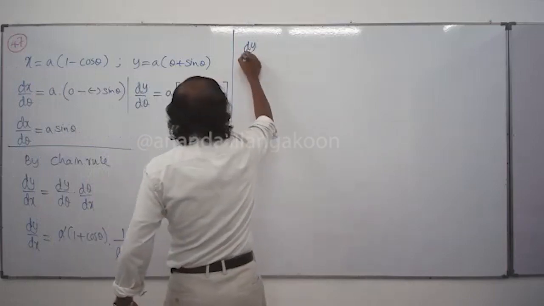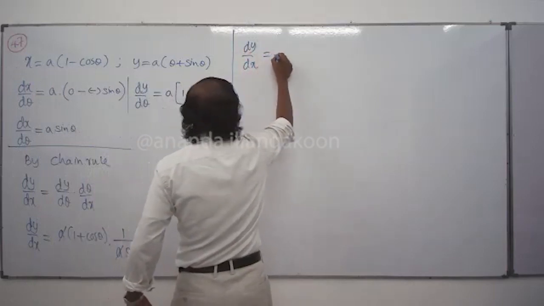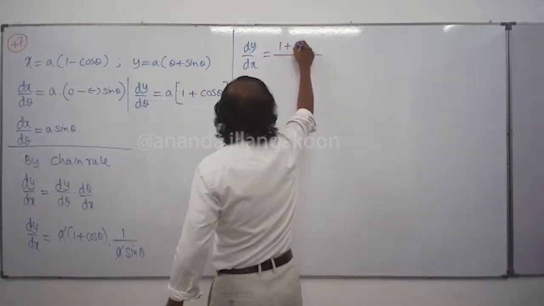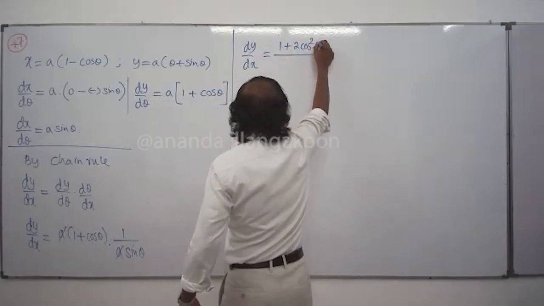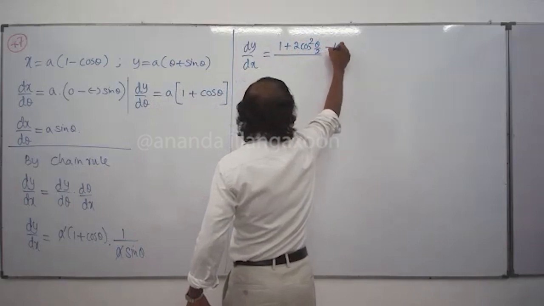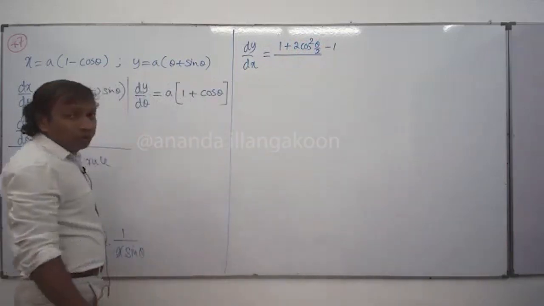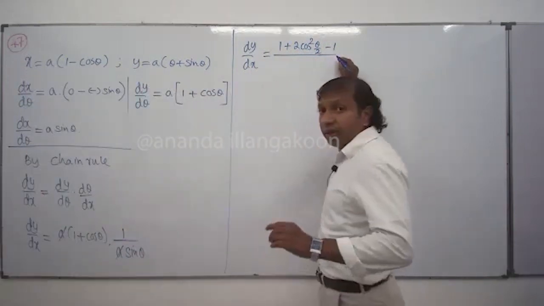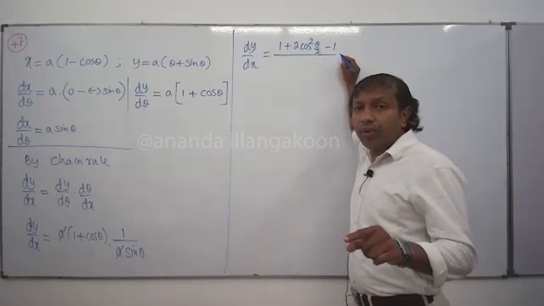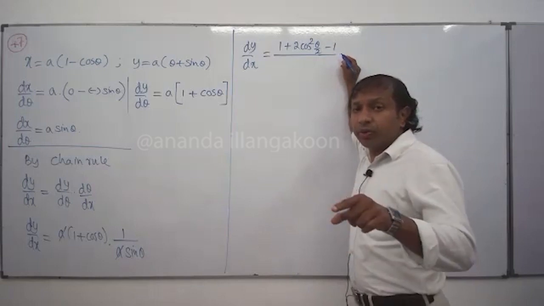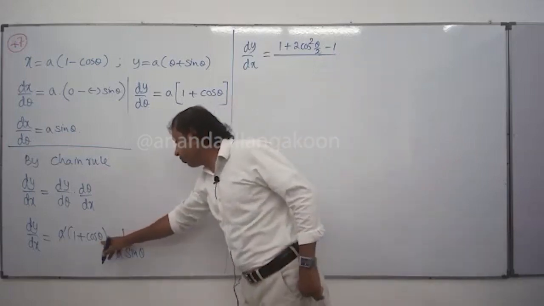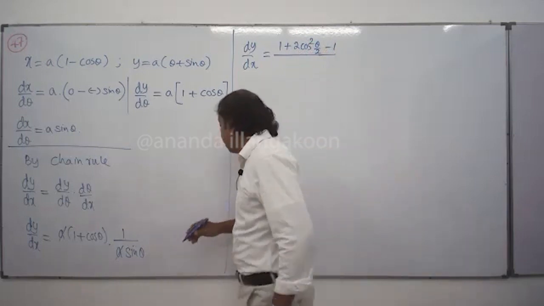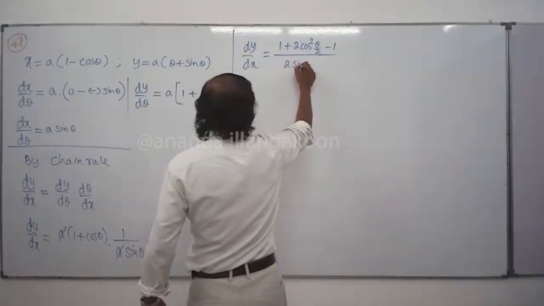I write it like this, dy by dx, and this cos theta I write, people, like this: 2 cos squared theta by 2 minus 1. People, you know, we have half angle formulae for cos A. One half angle formula for cos A we have is 2 cos squared A by 2 minus 1. And that one I wrote for this cos theta: 2 cos squared theta by 2 minus 1. The sin theta, people, I can write by using the half angle formula.